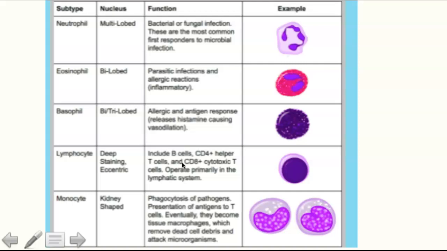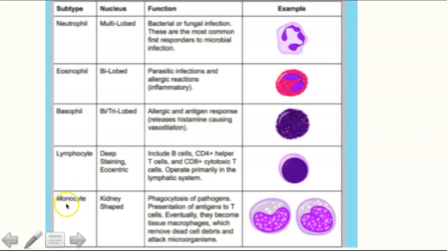So if you get the flu, for instance, your body would recognize the influenza virus. They would produce T cells and B cells and launch this immune response against that virus, which we call our immune system. So we'll talk about lymphocytes a lot if we do the immune system in this class.